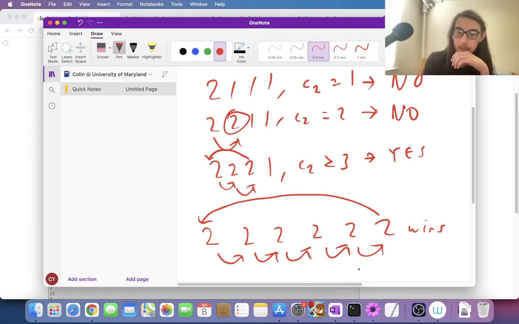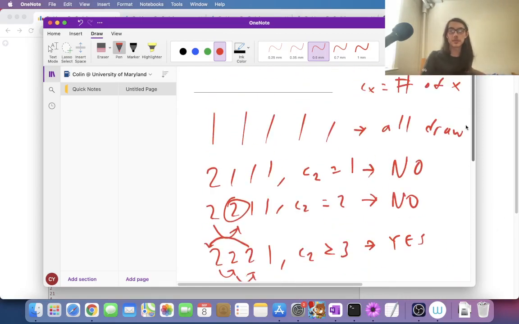So these are the wins, and the rest are draws. So really this is how this strategy would work. We're going to count the number of 2s first of all. If c2 is equal to 0, if everything's a 1, then we just make everything a draw. In fact, we can make everything a draw by default, and then we can just set some of them to be wins to satisfy the 2s.